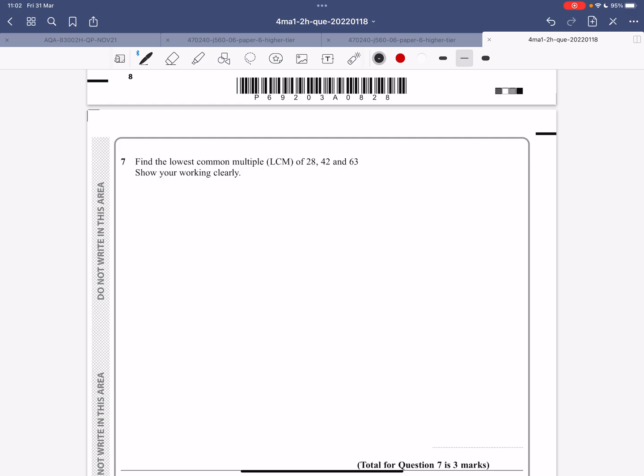Right, so the lowest common multiple. So 28 is 2 times 2 times 7 when we break it down, because well, it's 4 times 7. So you can do it with the factor tree. 4 times 7, 2 times 2 times 7. So 42, I'll do it with the factor tree because a lot of people do. 6 times 7, 2 times 3, 2 times 3 times 7.